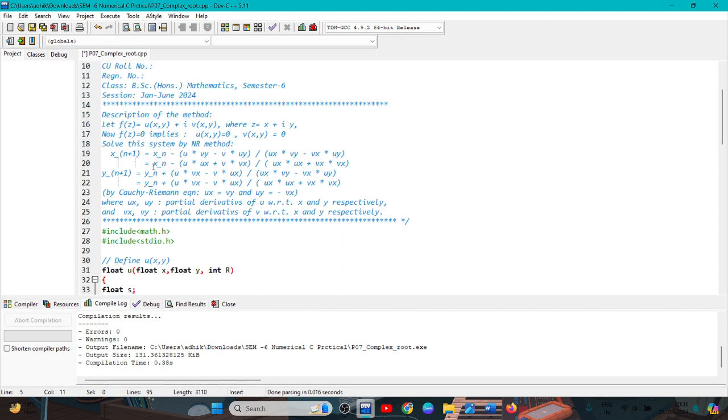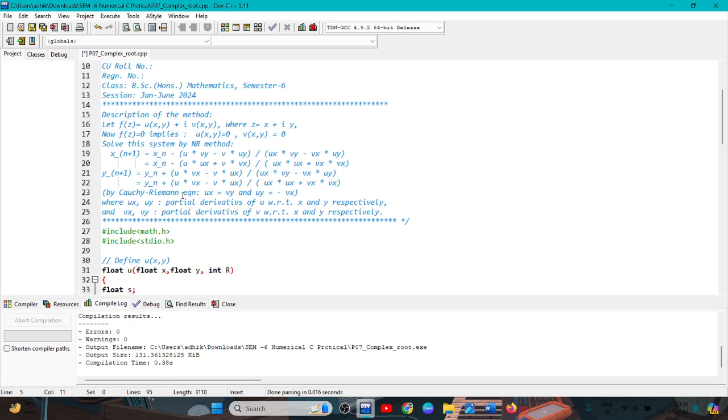That is equal to xn minus bracket u into del u del x plus v into del v del x, whole divided by bracket del u del x square plus del v del x square. Actually convert all partial derivatives in y to x. Here vy means del v del y and ux means del u del x.